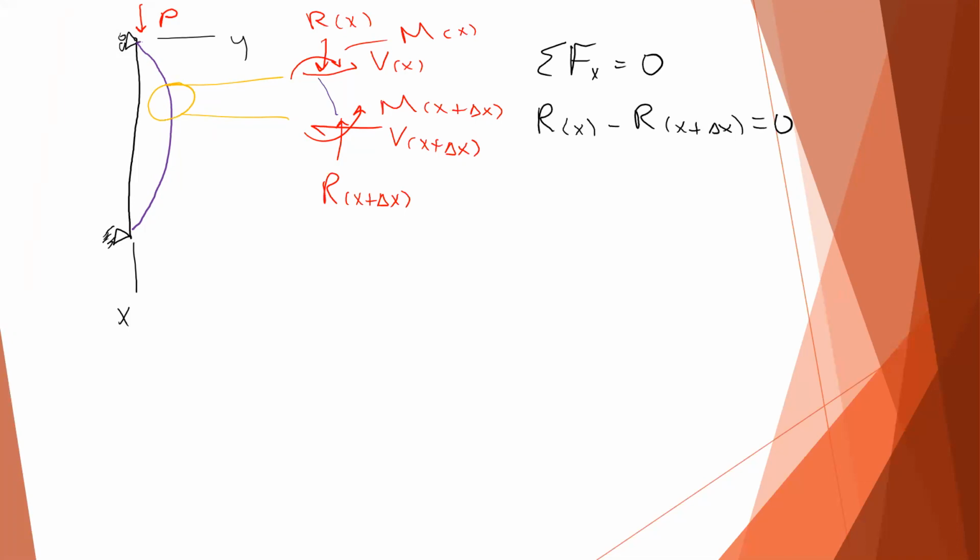And if delta x is very small, this becomes dR/dx, right? This is essentially just the change in R. So that must be equal to 0, which implies that R is constant.